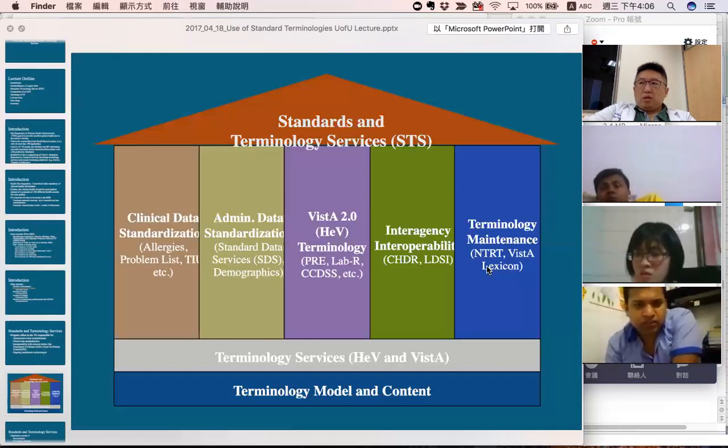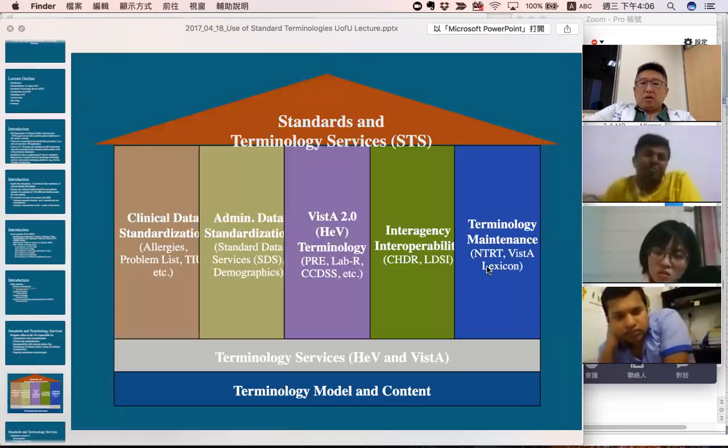But the president said they need to move all the ICD-9 to ICD-10 because ICD-10 provides more specific and more fine-grained information, but it just costs too much.